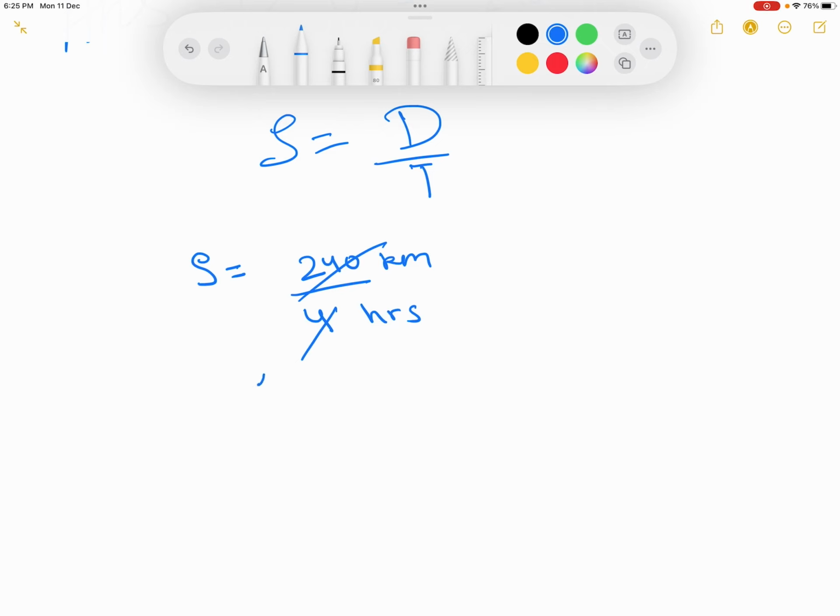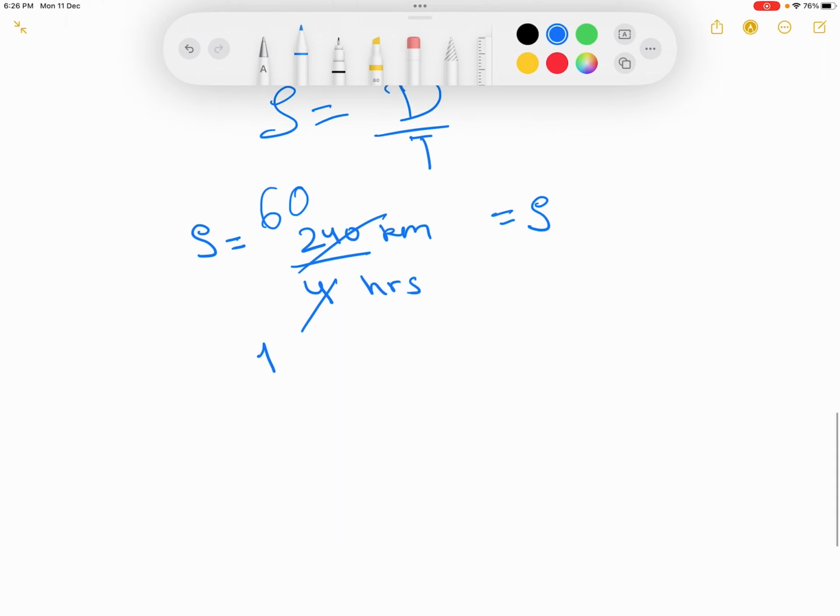So it's divisible, right? Let's cut it by 4 only, 1, right? And then this is 60, right? So basically the speed of the train is 60 kilometers per hour.